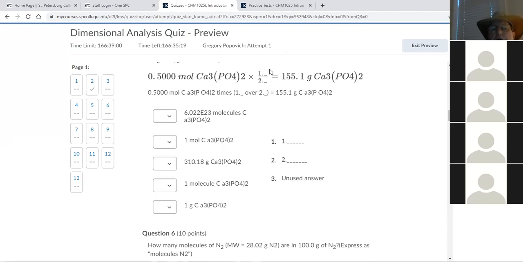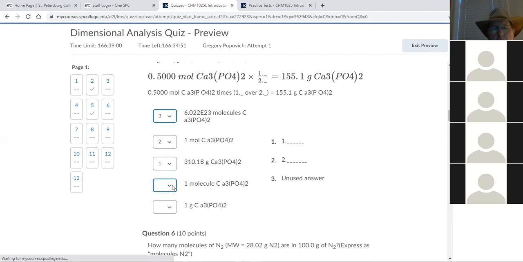We're going to need to put grams on top and cancel that out with moles on the bottom. So if 310.18 goes in position 1, what's 310.18 equal to? How many moles? 1 mole. So we're going to put the 1 mole calcium phosphate in the 2 position.